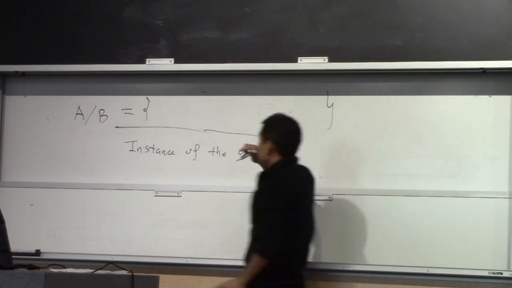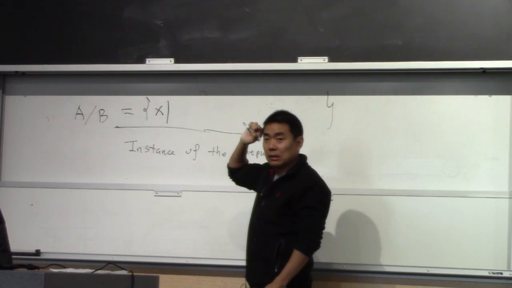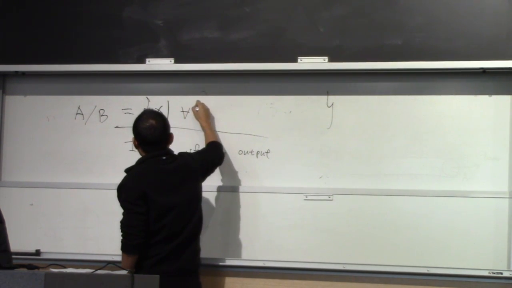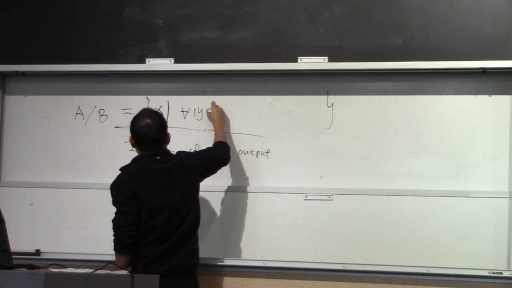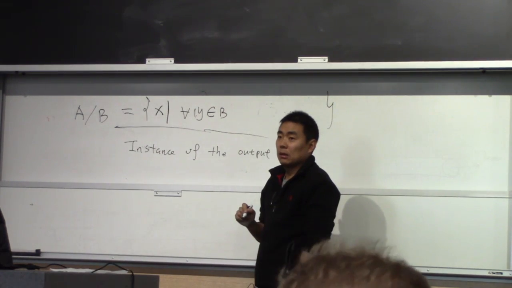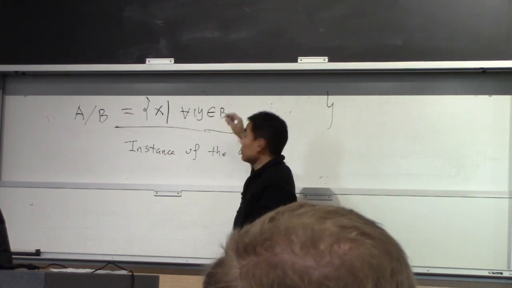What goes into that set? Well, all such x, where for any y belonging to B. So B refers to an instance of B, okay? B is the instance.